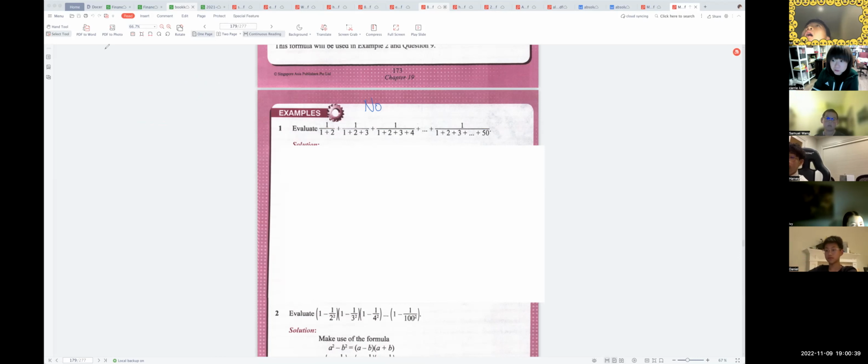Okay, let's take a look at this one. 1 over 1 plus 2. Remember, Harvey, we just learned that 1 plus 2 equals 1 plus 2 times 2 divided by 2, right? The first number plus the last number, times how many numbers, divided by 2. Harvey and Samuel probably think, 老师为什么要这么麻烦？因为1加2等于3.